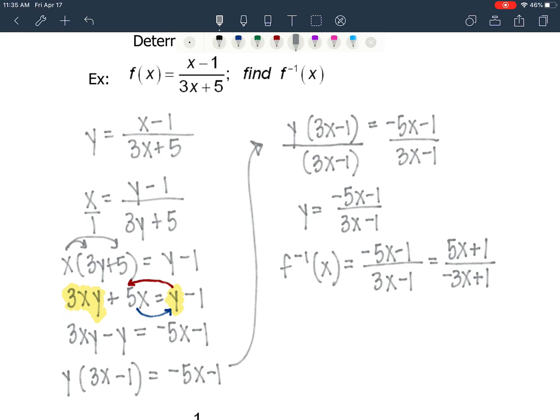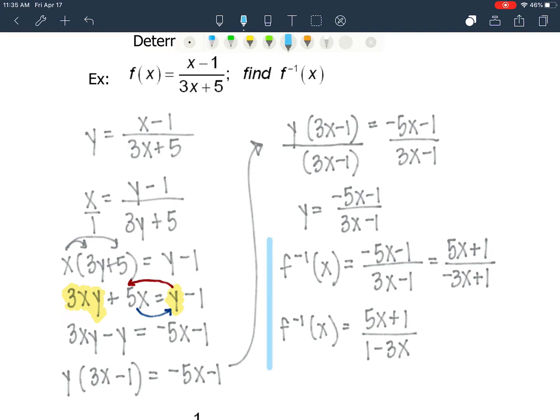And then typically, what they like to write is the negative tucked in. So I'll show you what I mean. 5x plus 1 stays, but they tuck that negative in. So either one of these answers is correct.